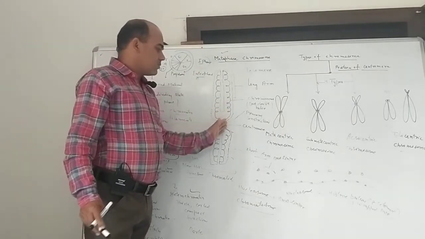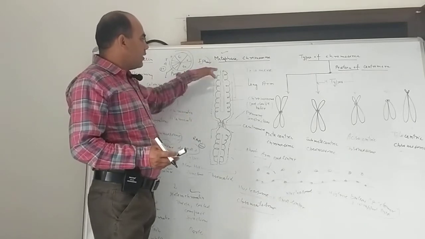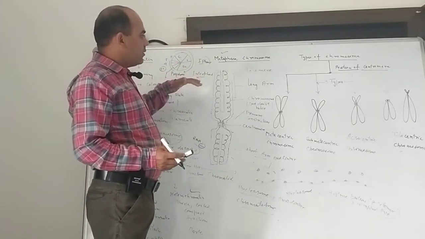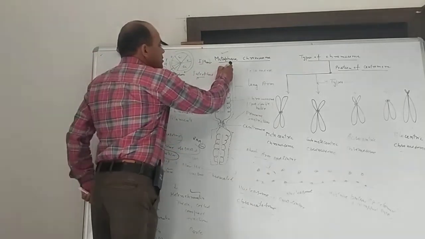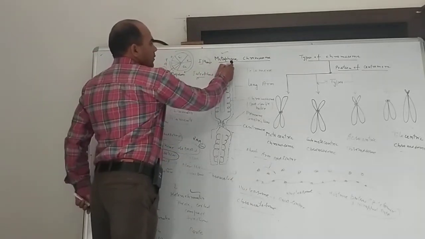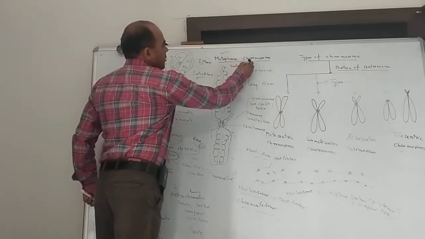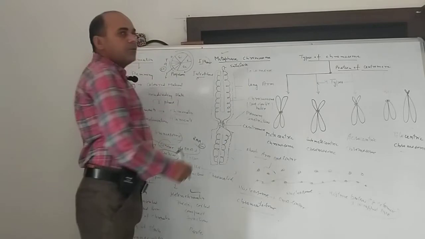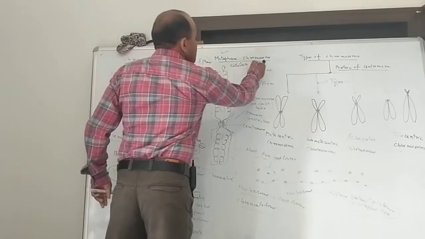Besides the primary constriction, more than one constriction may be present. The other one is called the secondary constriction. If the secondary constriction is present at the tip region and a small portion of the chromosome remains beyond it, this is called a satellite. A chromosome in which a secondary constriction is present is called a SAT chromosome.